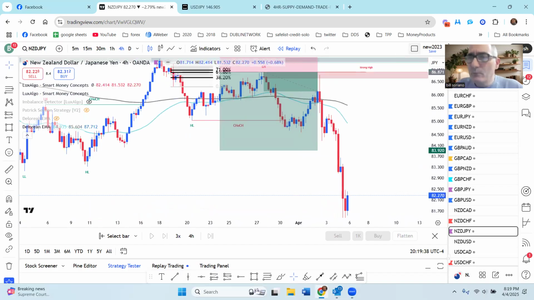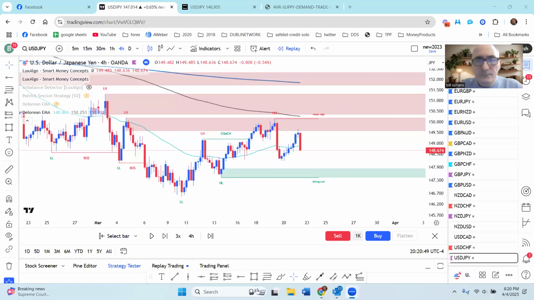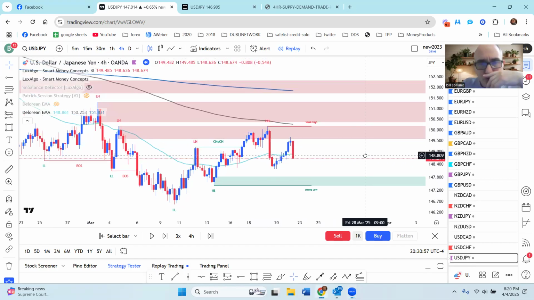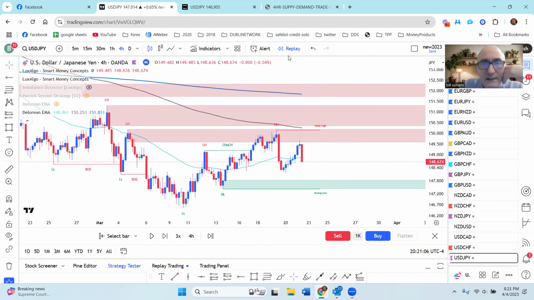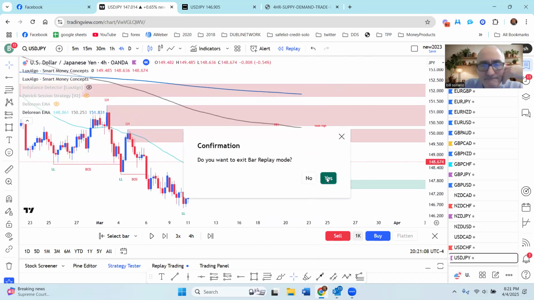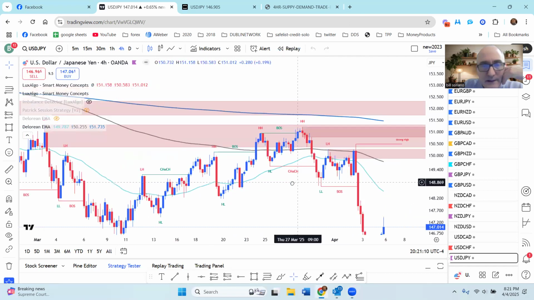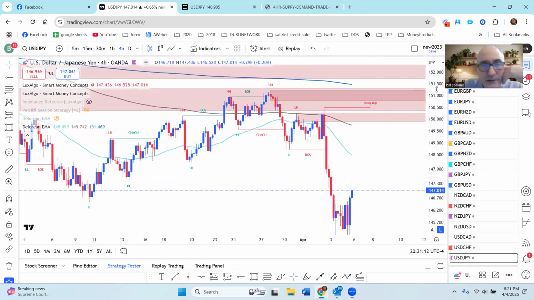I think I got one more to show you. Hold on one second here. Let me just show you one more. It was USDJPY. And so again, on the 4 hour time frame, looks like I didn't quite go back far enough, huh? Sorry about that, guys. I got this kind of screwed up here.